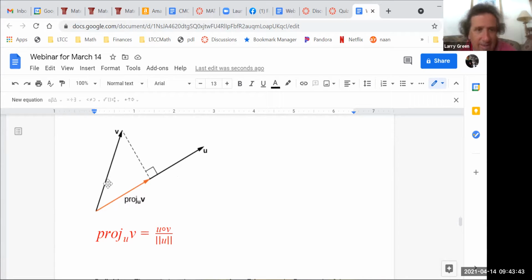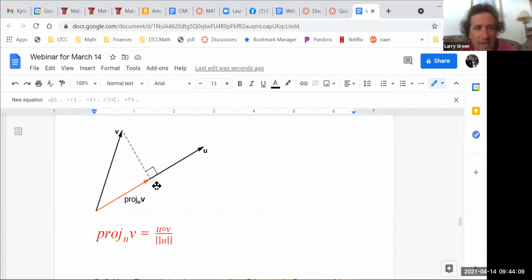And that is, let's suppose we have two vectors. We have a V and we have a U. Then often what you want to do is project V onto U by thinking of a light bulb way up here, and it'll be the shadow at a right angle.